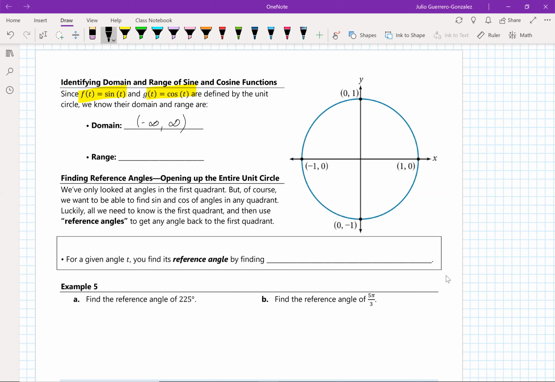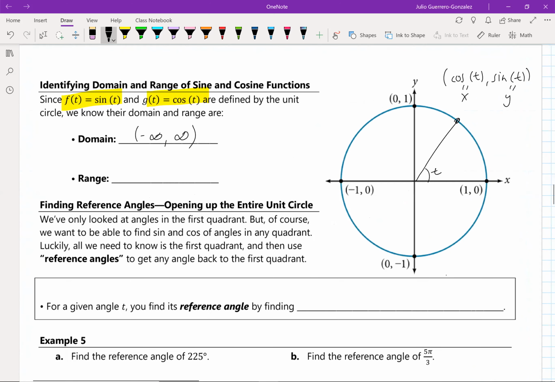Now the range, that is limited. So remember, for any angle t that you can think of, it goes cosine of t, sine of t. So the x is cosine and the y is sine. The cosine only bounces from positive 1 to negative 1 and back and forth and back and forth.